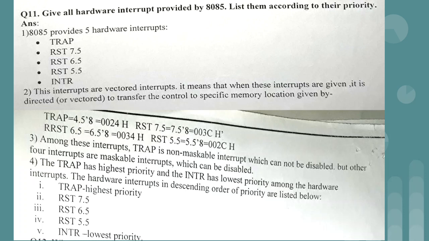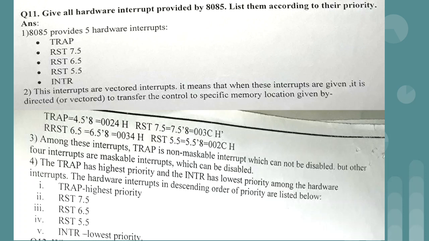Then we have seen the hardware interrupts provided by the 8085. There are a total of 5 hardware interrupts provided by the 8085 microprocessor. First one is TRAP, which has the highest priority, then RST 7.5, RST 6.5, RST 5.5 and INTR. These are the 5 interrupts, and basically all of them are vectored interrupts.